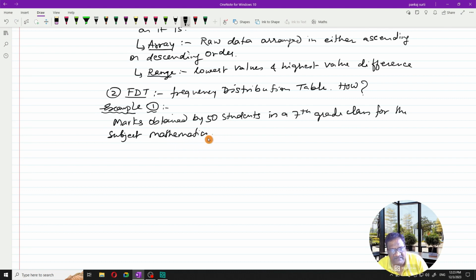The raw data will be given to you, and you have to form a frequency distribution table for that. So that's the question in this example. Let me first write down the marks for you.